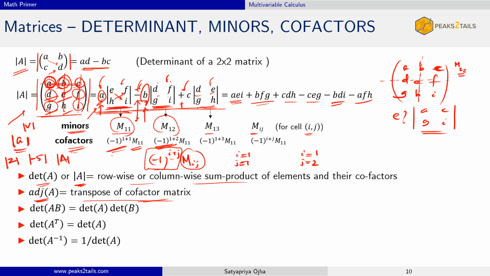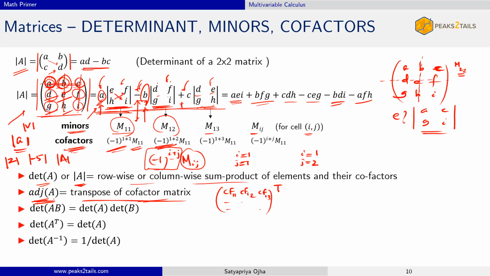Cofactor does not include that element. When you take determinant of the whole thing, then the element gets multiplied with the cofactor. So for every element you can calculate the cofactor, CF11, CF12, CF13, etc. And you'll get a 3 by 3 matrix of cofactors. Take the transpose, that's the adjoint of A.